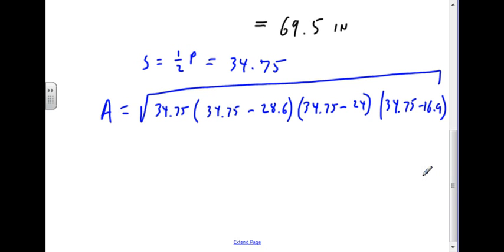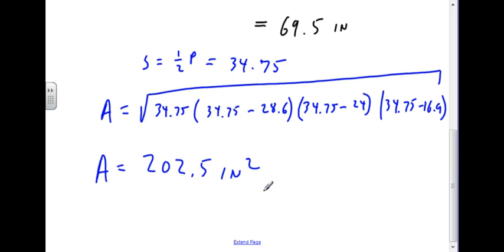Otherwise, it's going to tell me syntax error. Parentheses, second function answer minus 16.9, close parentheses, equals, and Heron says that this triangle has the area of 202.5 inches squared.